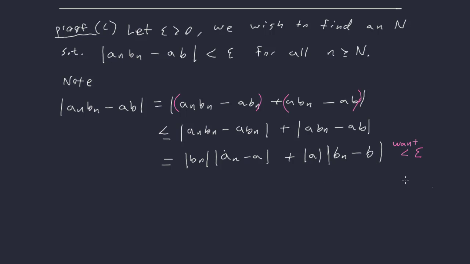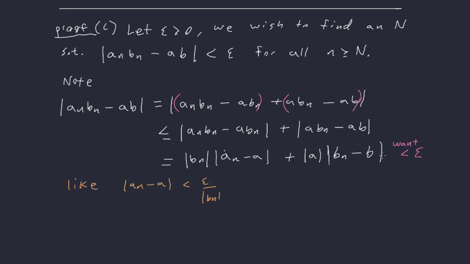Okay, and then here, this bn, well, we're going to have to deal with that. So here's what I would like, and here's my first stab at it. I'd like, let's say, an minus a less than epsilon over bn. Well, okay, so that would cancel with the bn, but unfortunately we don't usually like to have things that vary underneath the epsilon, so we'll have to go back to the drawing board here.